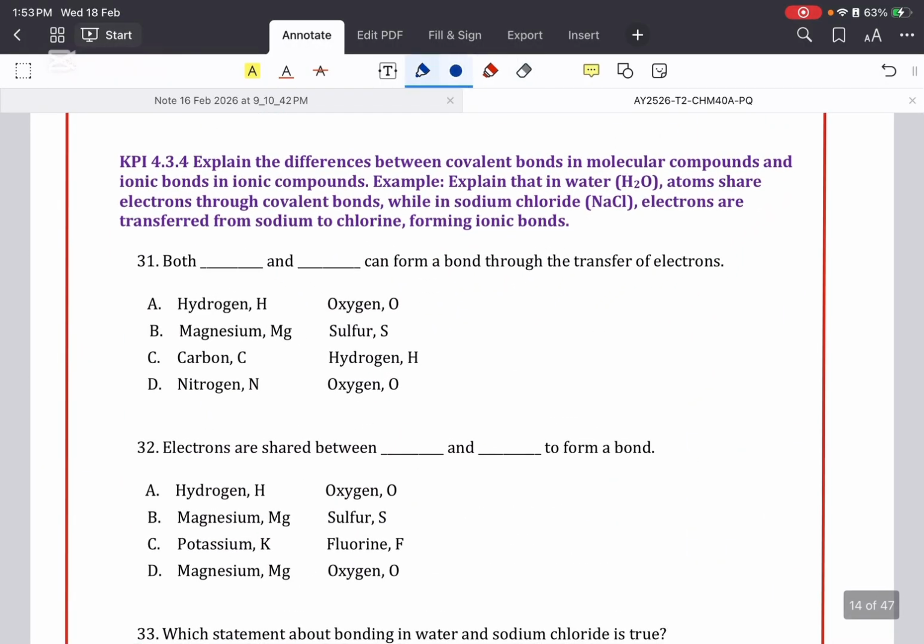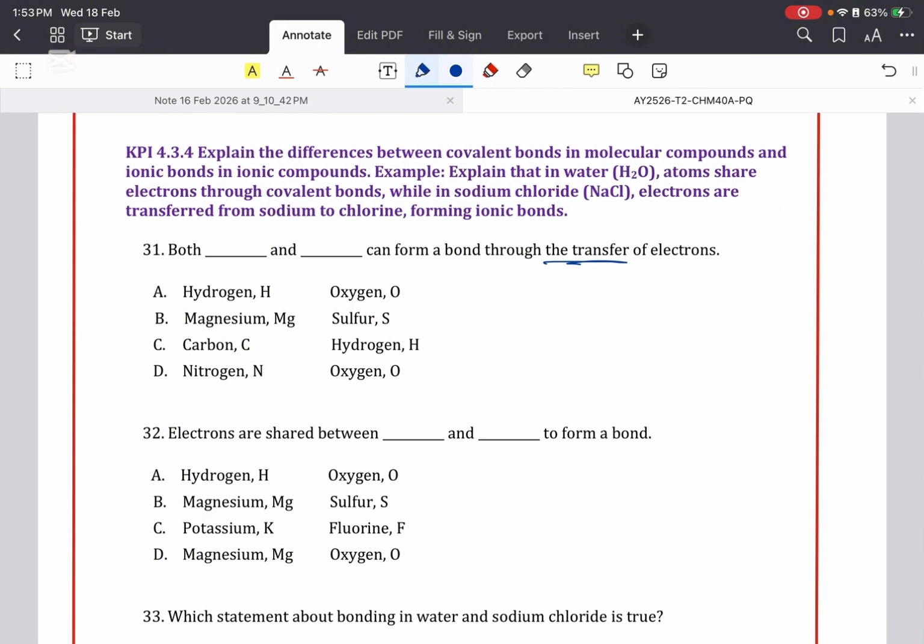Now, explain the difference between covalent bonds and molecular compounds and ionic bonds, etc. So, both can form a bond through the transfer. When they tell me a transfer of electrons, it means that we are dealing with an ionic compound.